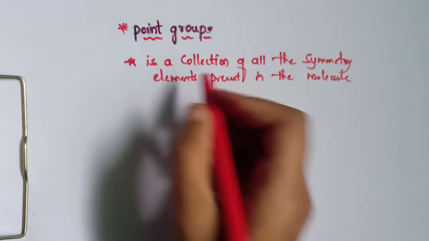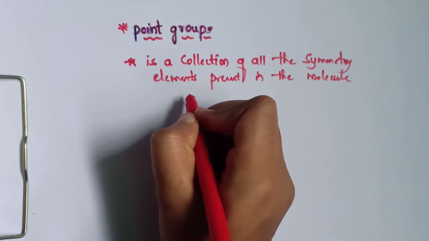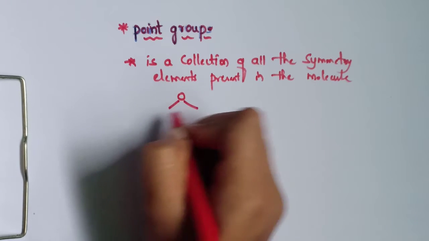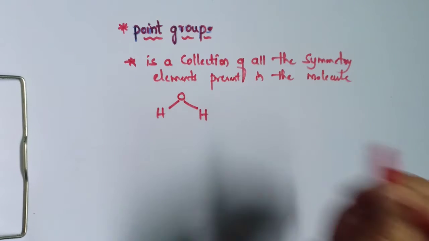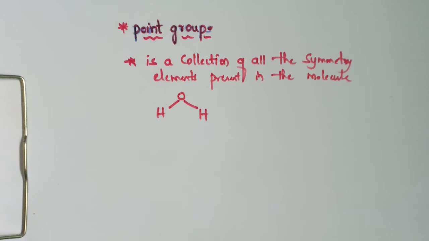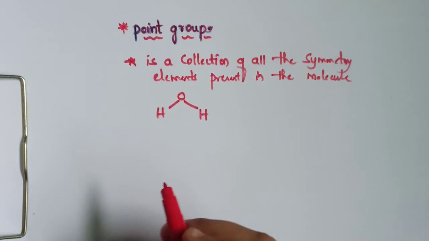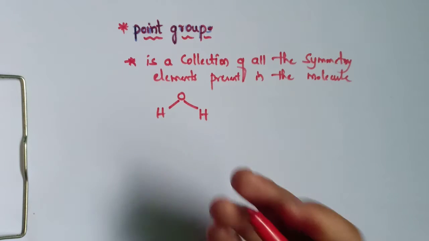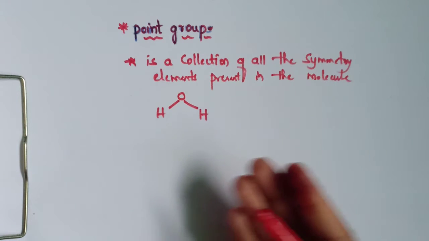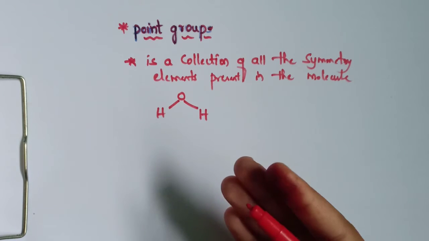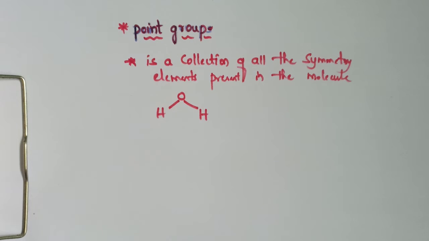For example, let's consider the H2O molecule. In this, we know that it consists of identity. We know that all the molecules will consist of identity, and it also consists of a rotational axis of symmetry and also a vertical plane of symmetry. So it is a collection of symmetry elements present in a molecule.